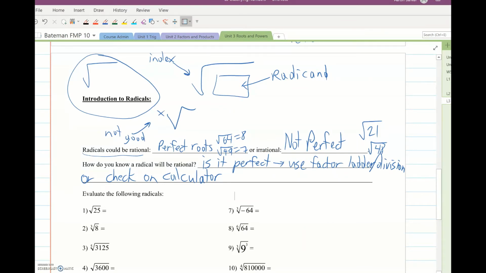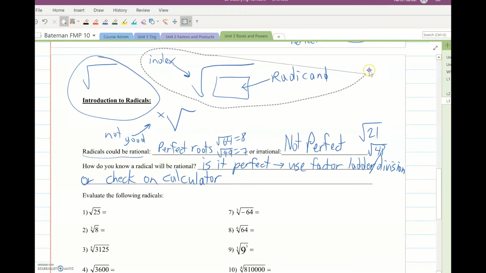Before we begin with evaluating the following, there's two things that I just remembered that we need to look at.